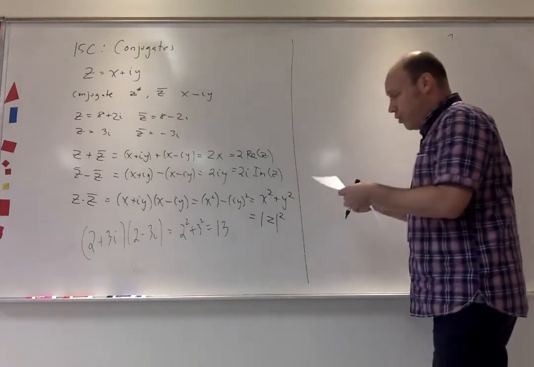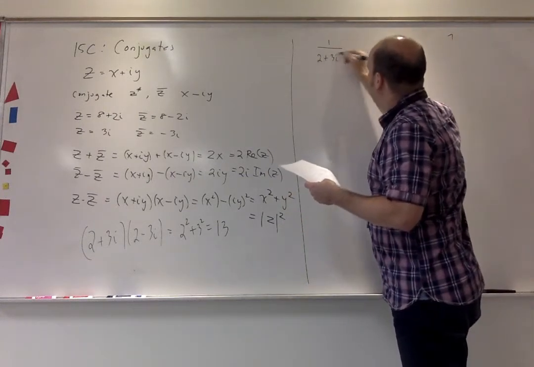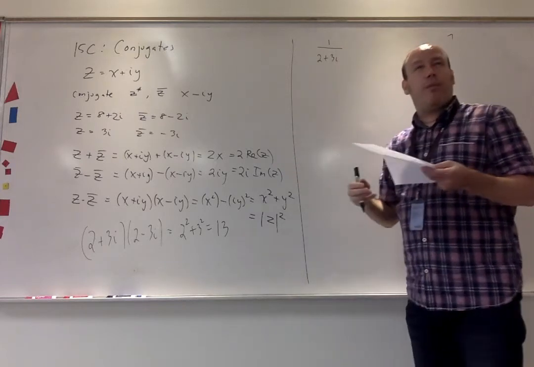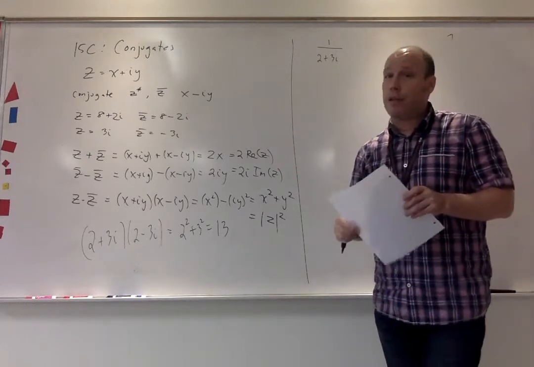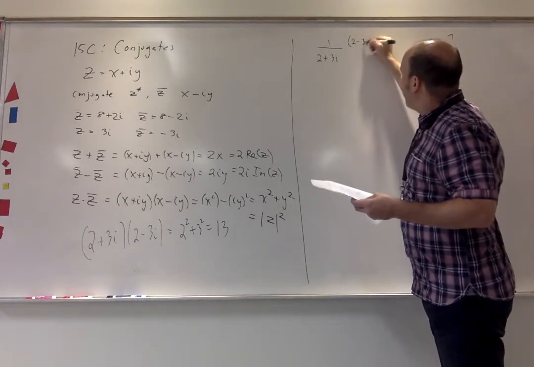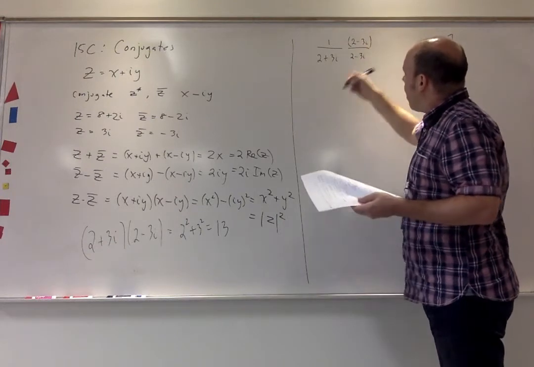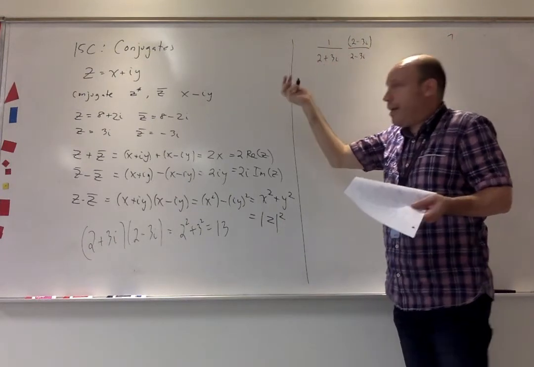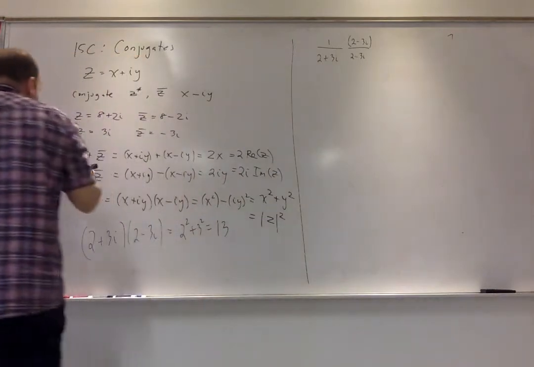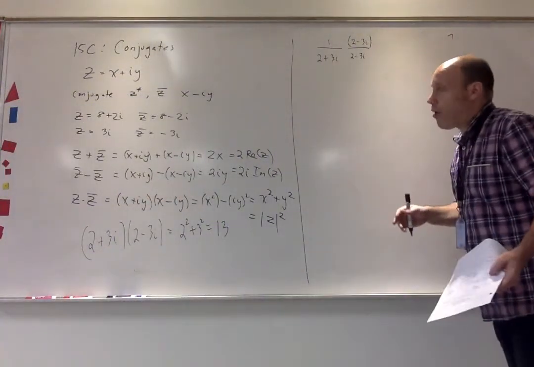So let's do division. I have 1 divided by 2 plus 3i. I have a complex number in the denominator and I don't want that, so I'm going to multiply by its conjugate, because z divided by z is 1, as long as it's not 0.